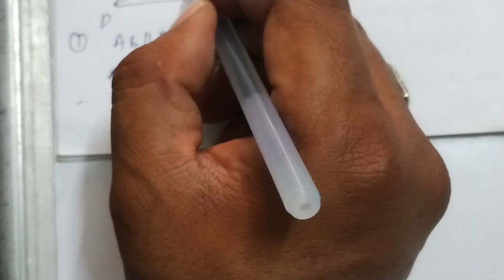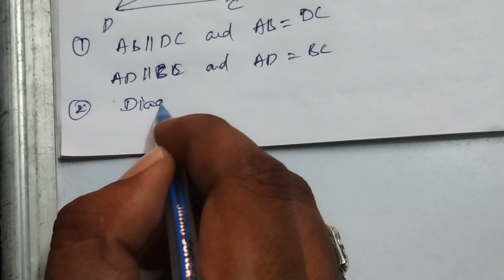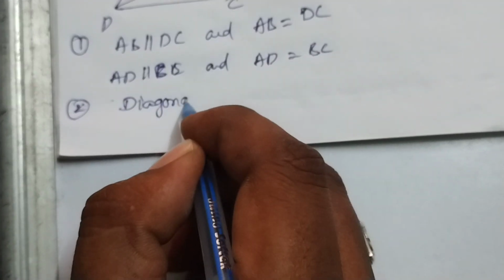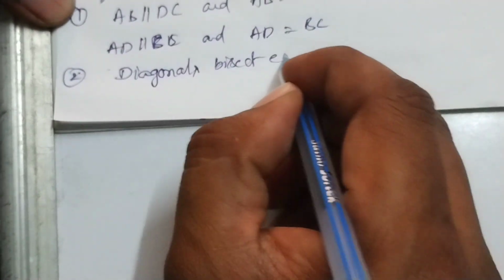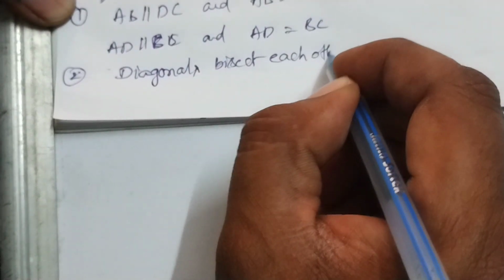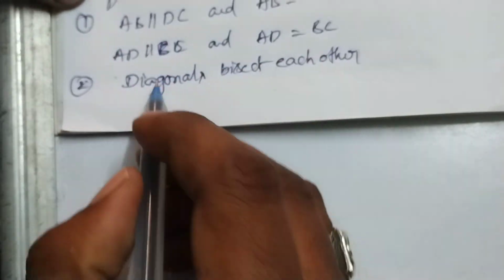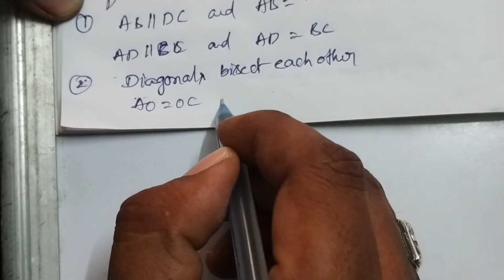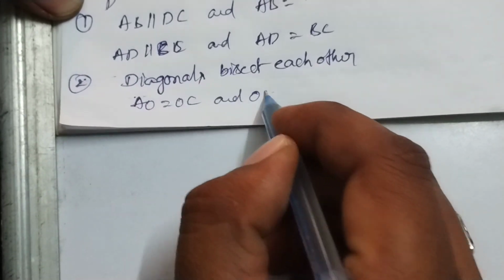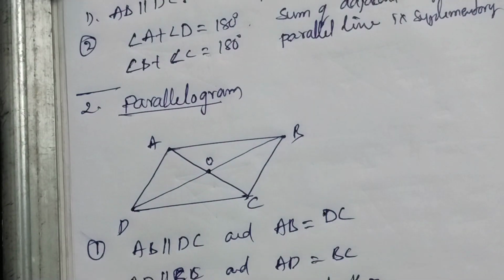For example, taking the intersection point O, the diagonals bisect each other. Bisect means dividing equally. For example, AO is equal to OC and OD is equal to OB. That is the bisecting.